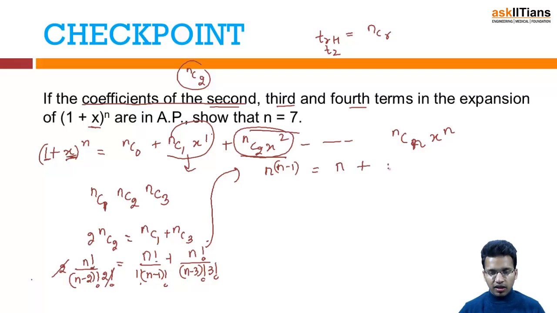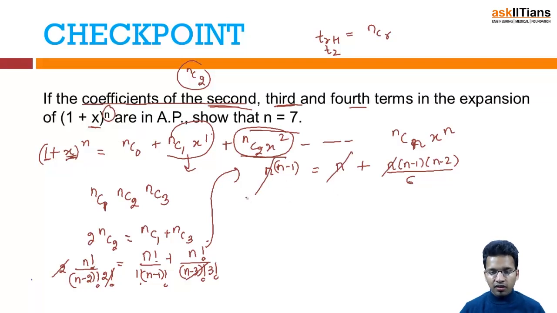Now this one is a bit tricky: n into (n minus 1) into (n minus 2), then (n minus 3) factorial will get cancelled, and don't forget this 3 factorial. Now obviously n is not equal to 0, because we are talking about the second and third terms, so the coefficient cannot be 0, so we can cancel out n easily.